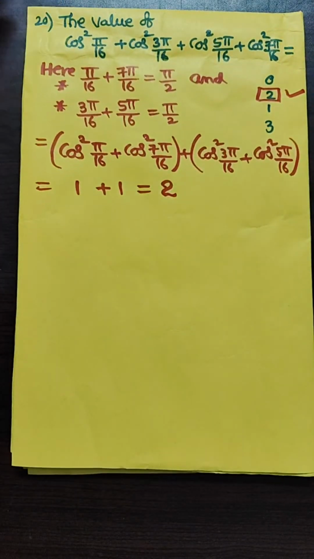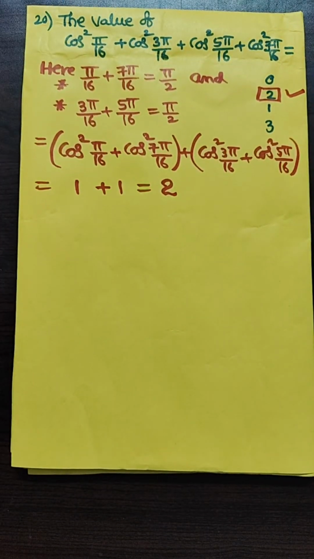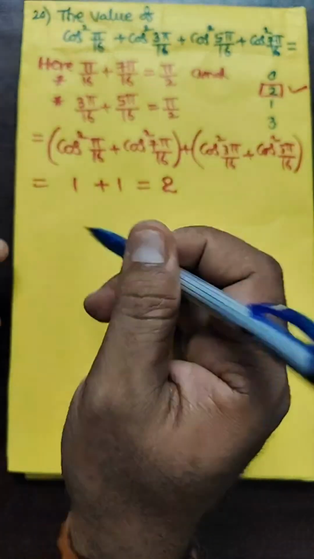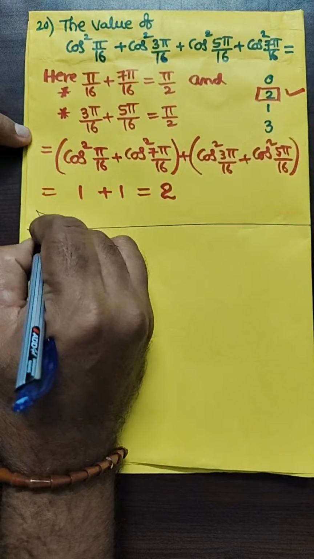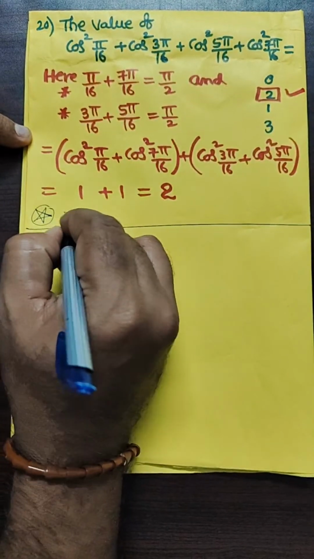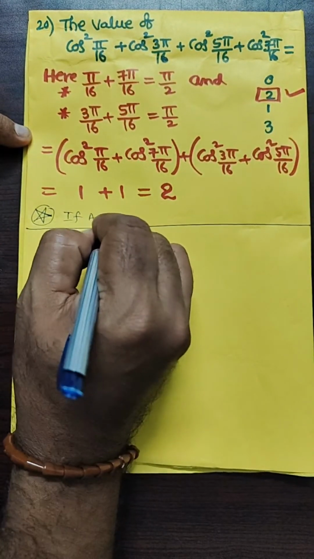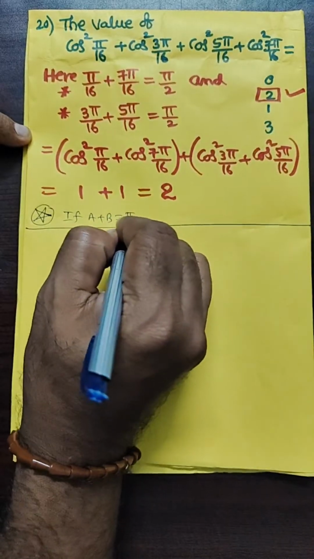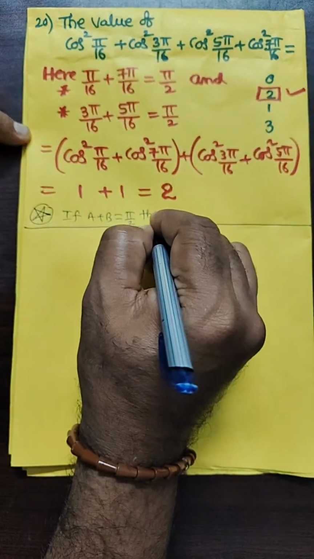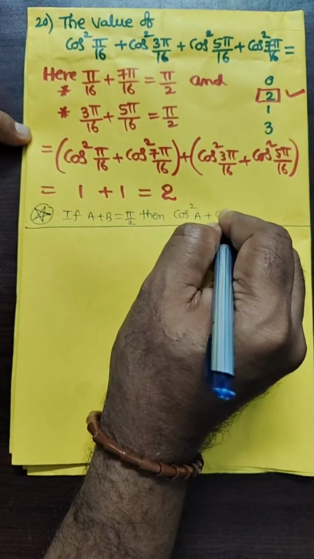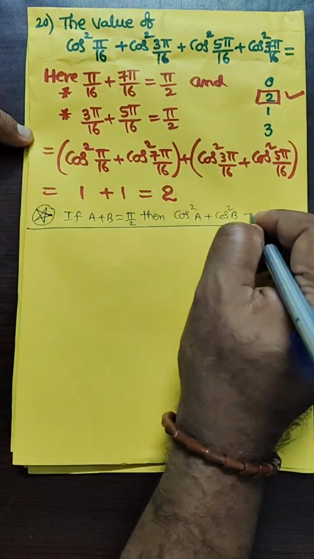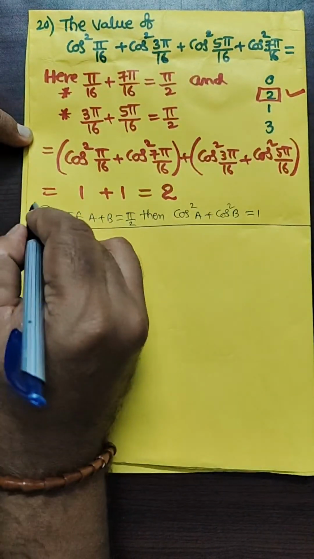So why, sir, for what reason is this value 2? Even like the previous problem, we have the shortcut formula. If a plus b is equal to 90 degrees, then cos square a plus cos square b value is equal to 1, dear students.